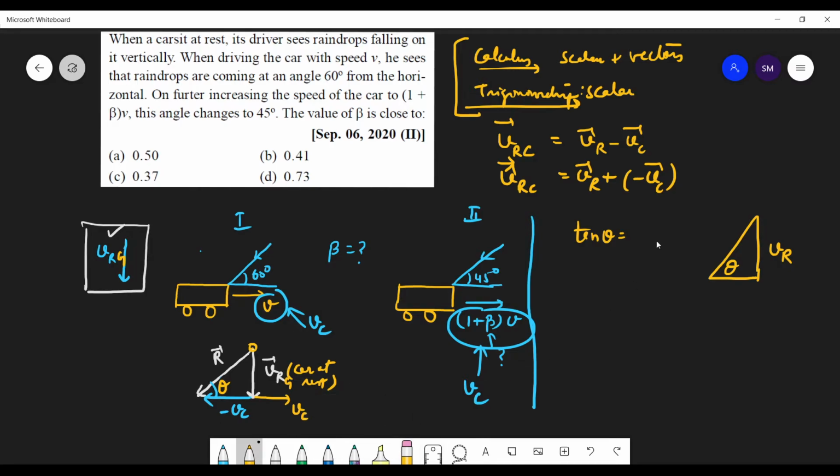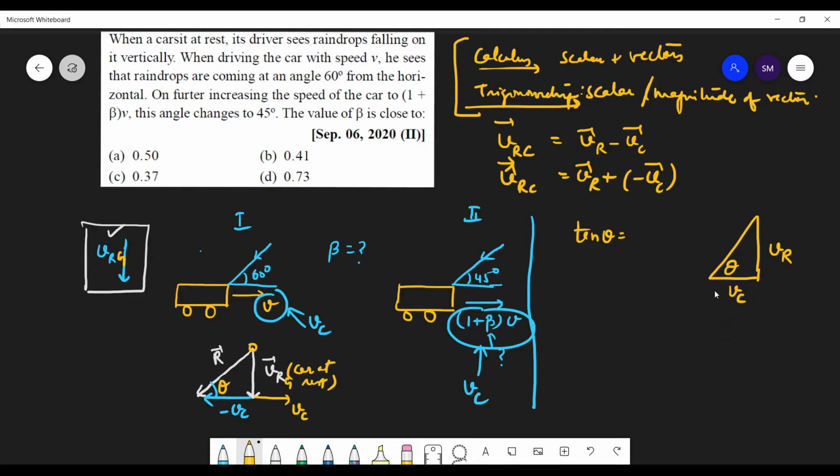Scalar means magnitudes. If we are dealing with vectors, then magnitudes of vectors. So either scalar or magnitude of vectors: vr, and this is the magnitude of the velocity of car.